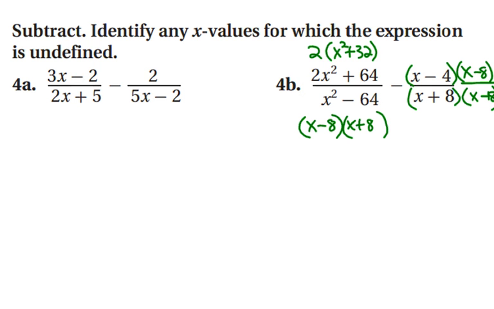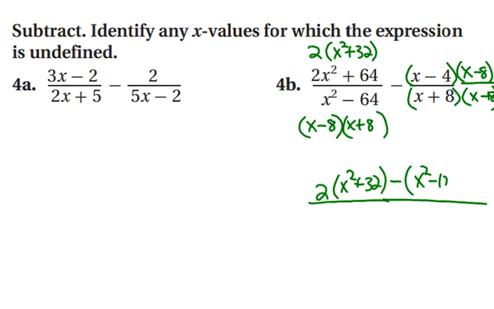So as we rewrite that, we have 2 times x squared plus 32, which may not be helpful, the way doing that one out. And then we have minus, multiply those two binomials together, we'll get x squared minus 12x plus 32 all over x minus 8 times x plus 8.